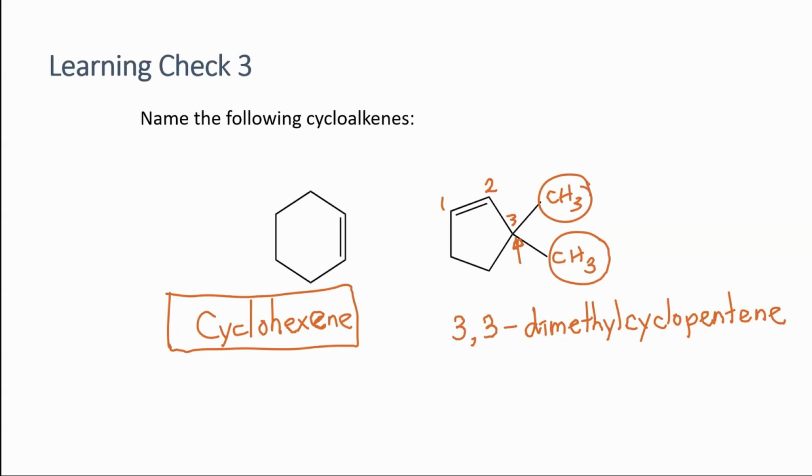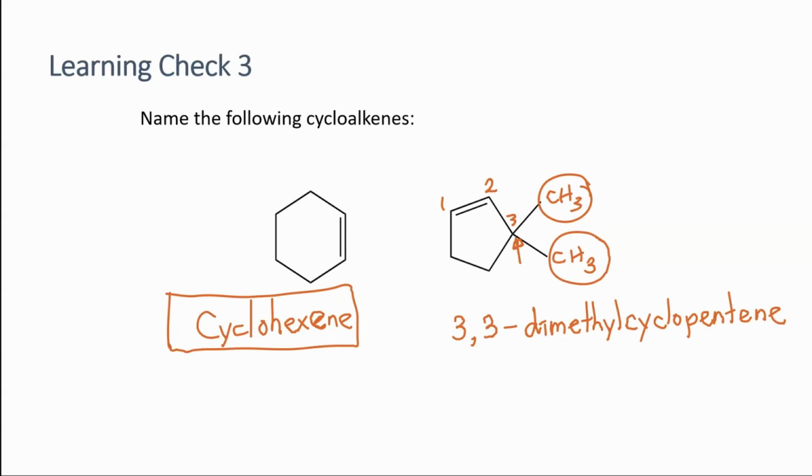Since both of these methyl groups are on the same carbon atom, we say 3,3. If the methyl groups are on 2 different carbons, for example, on 4 and 5 or 3 and 4, you say 4,5 or 3,4 like that.